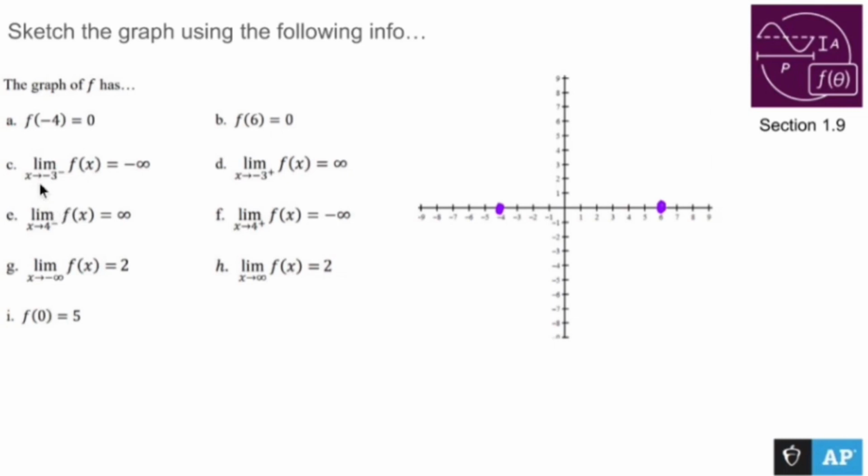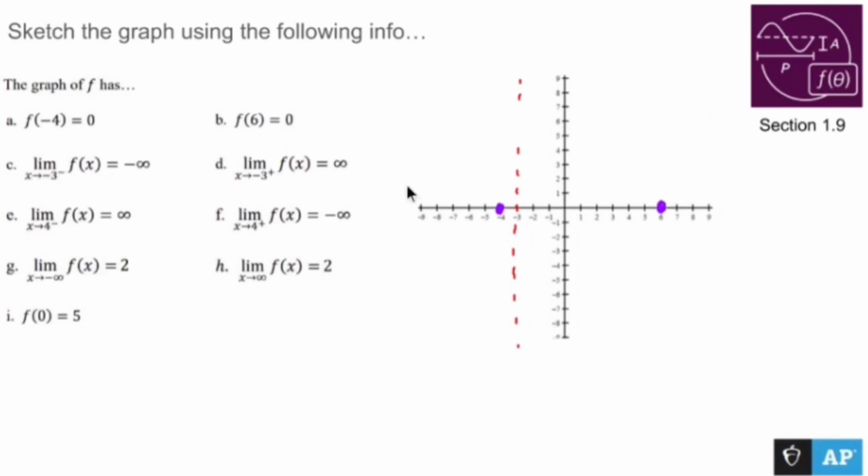As I approach -3 from the left side, I hit -infinity. So what that means is I have a vertical asymptote at -3. Let me try to draw the dashed line that represents the vertical asymptote. And as I go towards -3 from the left, I'm going down.